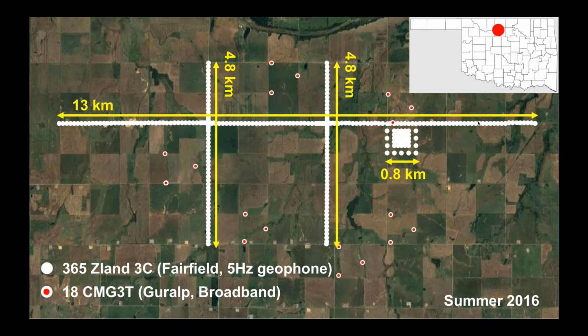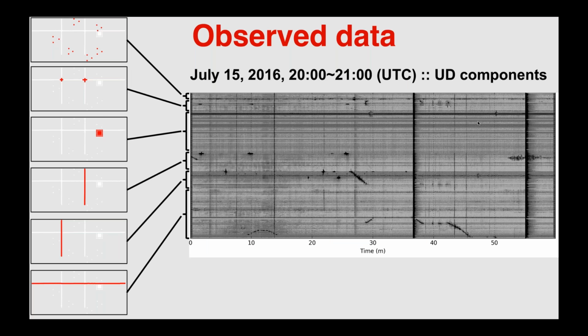And this is the observed data we obtained. This is 1 hour of observed data in the up-down vertical component. Because of the shape of the array, the data vertical axis is not very easy to understand. But from the bottom to 129 traces are related to this east-west line and vertical lines and so on and so forth.